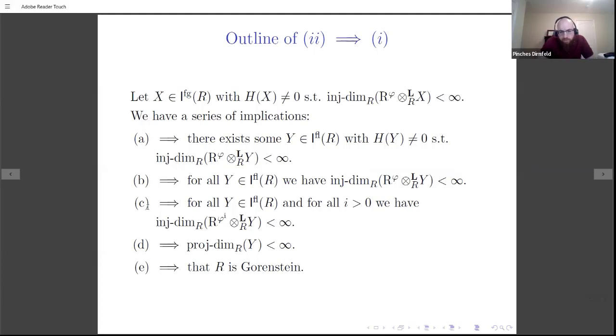So maybe let me point out there's two parts here. For A implies B, I really needed to know that Y has finite projective dimension. I didn't use any facts about phi being a contracting endomorphism.